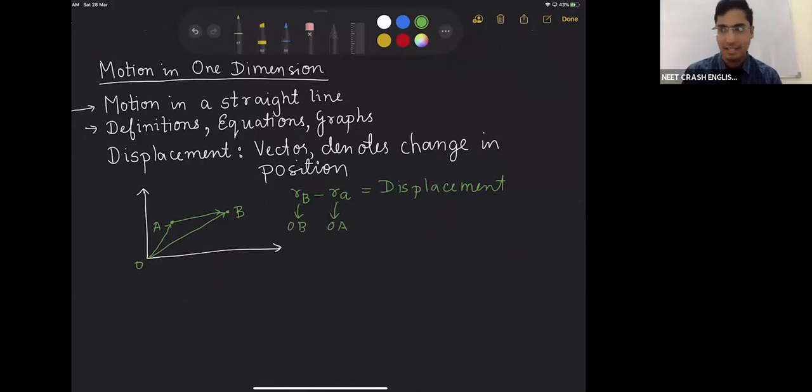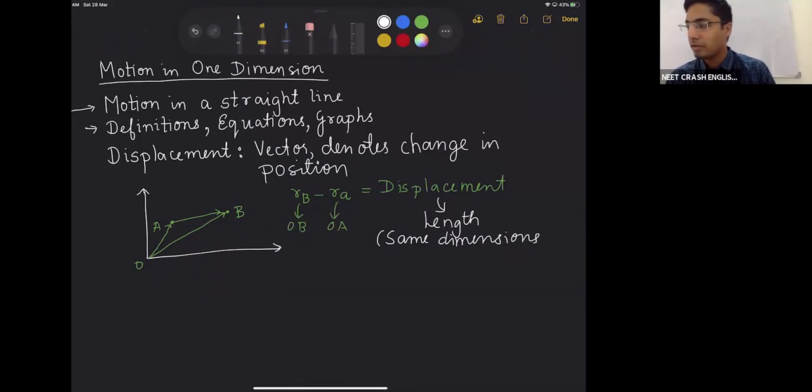So that is denoted as displacement. Displacement has the same units as distance. Displacement is a length quantity. It has the same dimensions as distance.